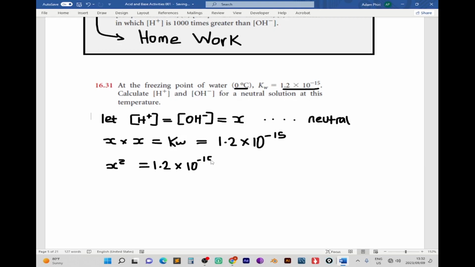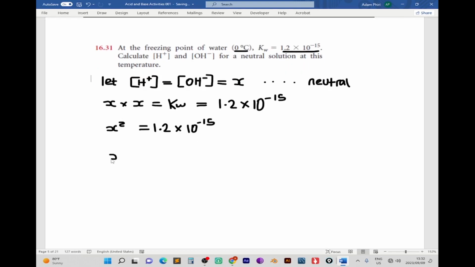So that means x would be the square root of the Kw. Finding the root using a calculator, you'd see that it will give us plus or minus the root of 1.2 multiplied by 10 to the power negative 15.